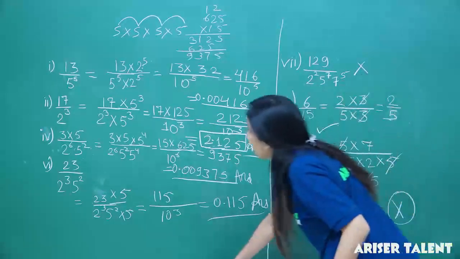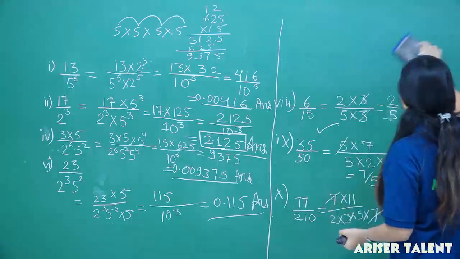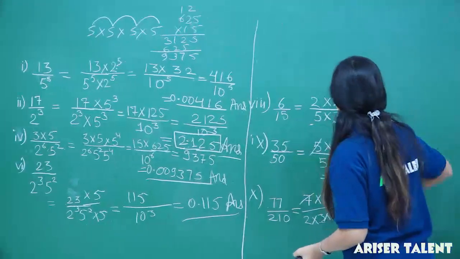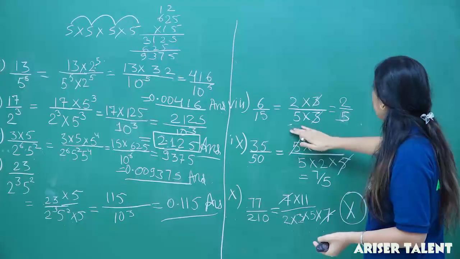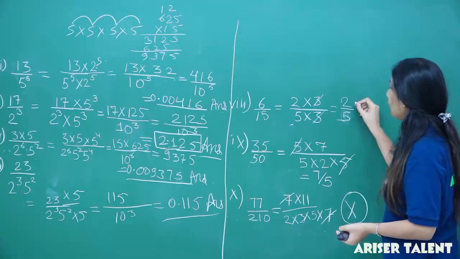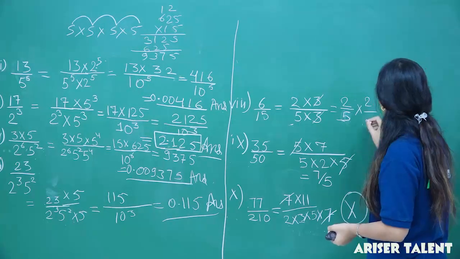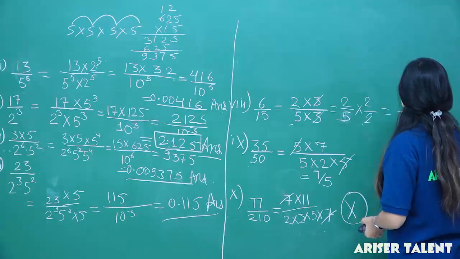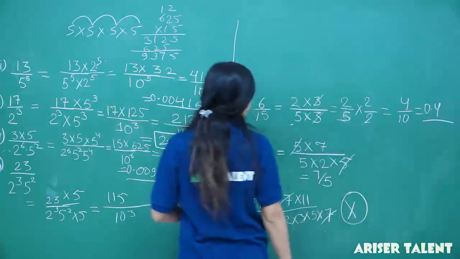The 7th one was not a terminating one. Then this one, right? 6 by 15. How will you resolve it? How will you write in decimal form? 2 by 5, you just have to multiply it by 2 and again here by 2. So it will become 4 by 10, which will become 0.4.